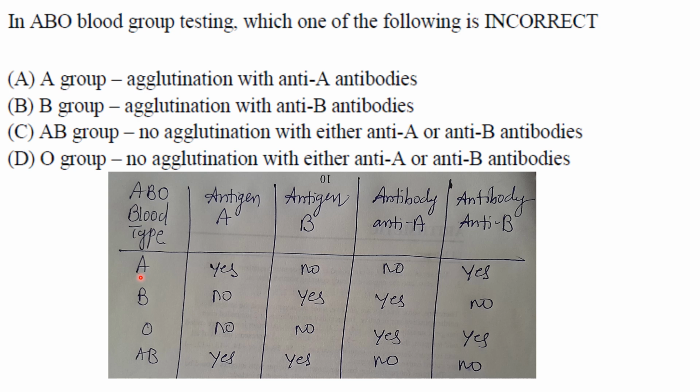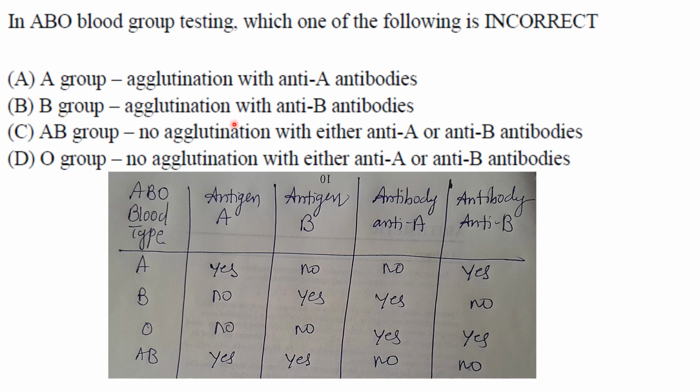The A blood group has antigen A and antibody anti-B. It doesn't have antibody anti-A. So A is the antigen. When you add anti-A antibodies, it will result in agglutination. So option A is correct.